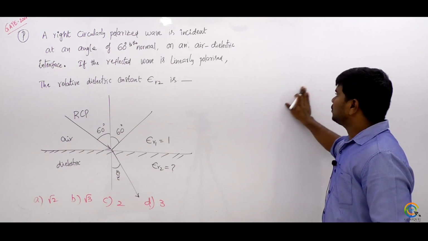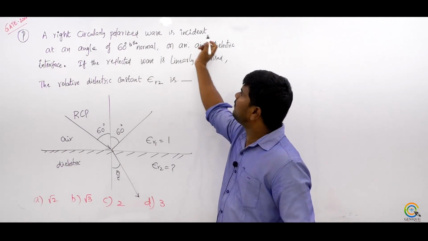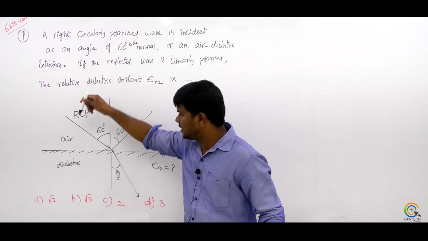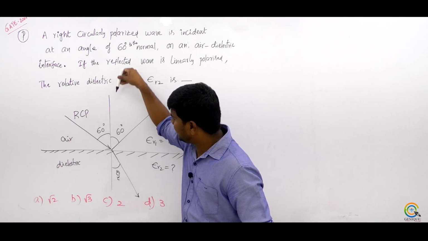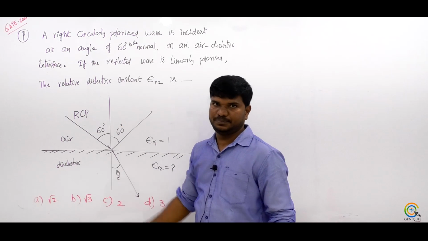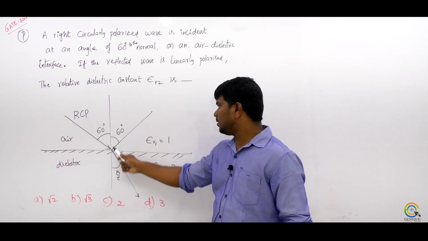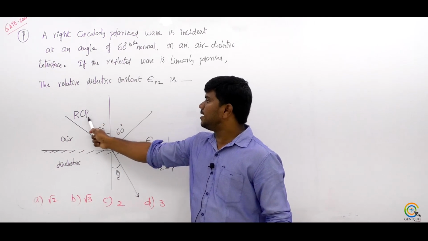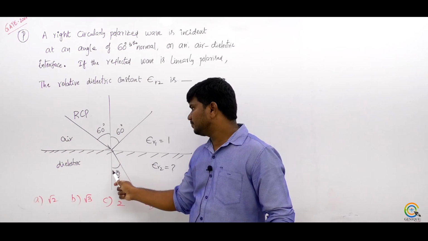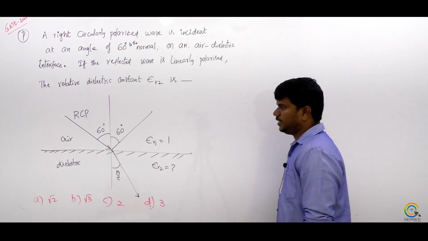So if you observe this, the EM wave is incident, a right circularly polarized wave, 60 degrees with respect to the normal onto this interface. So this is the normal. It is making an angle of 60 degrees with respect to this normal, and it is entering into the second medium.